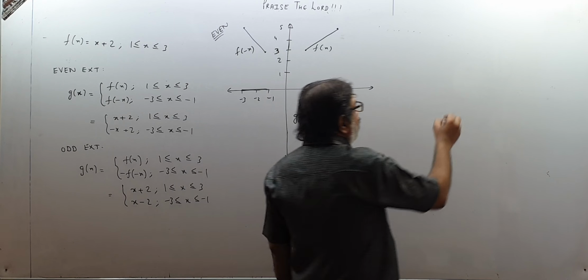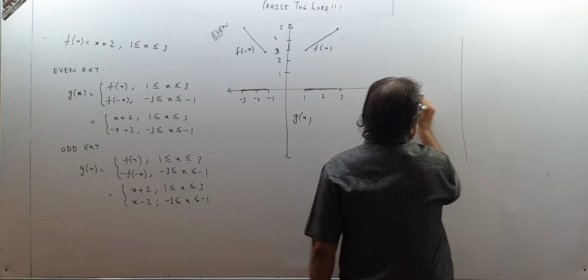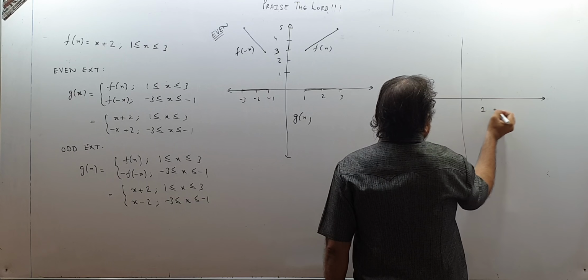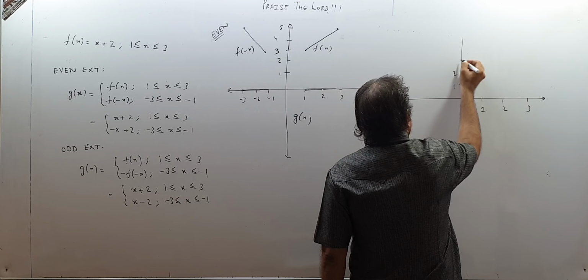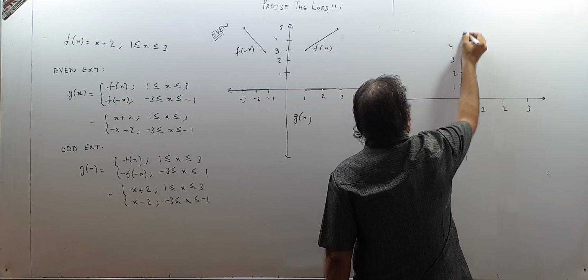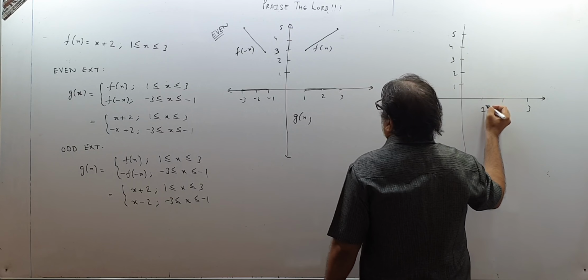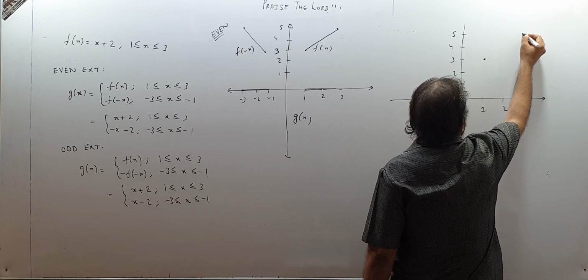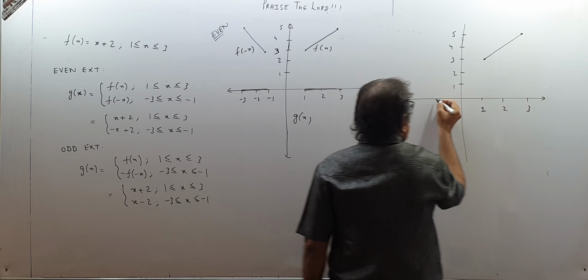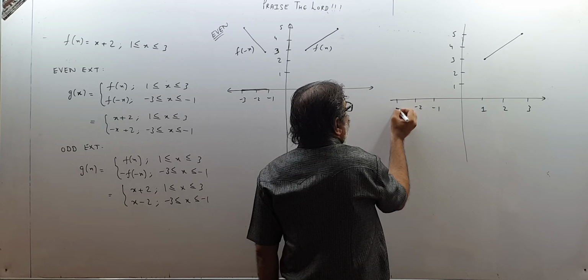Then if you draw the graph for odd extension, it will be the same: 1, 2, 3, then 1, 2, 3, 4 and 5. So for 1 the answer was 3 and for 3 the answer was 5. Straight line graph. And then minus 1, minus 2 and minus 3.